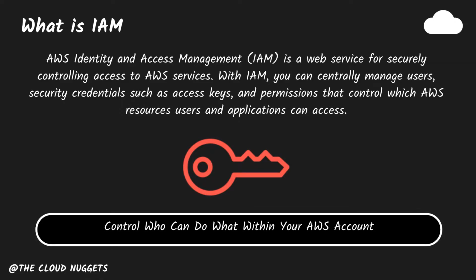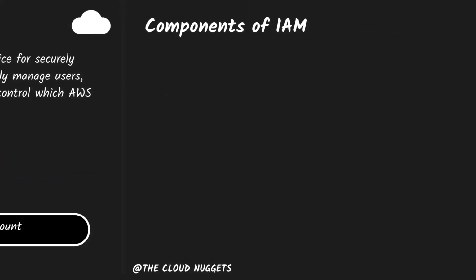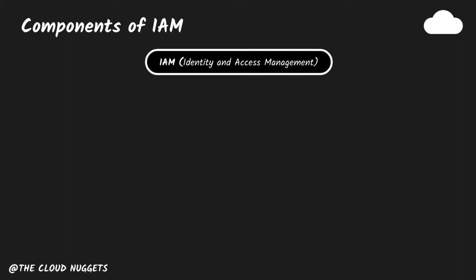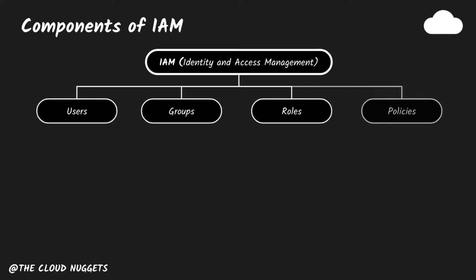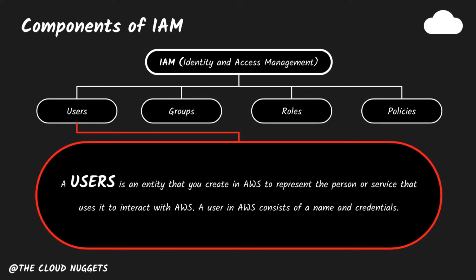Let's move on to discuss the components of IAM. There are four types of components in an IAM: users, groups, roles, and policies. A user is an identity that you create in AWS to represent the person or service that uses it to interact with AWS.